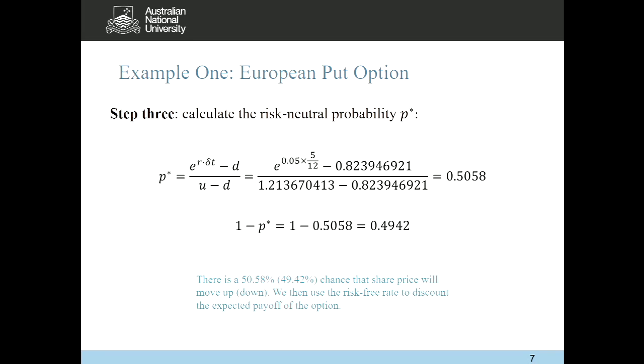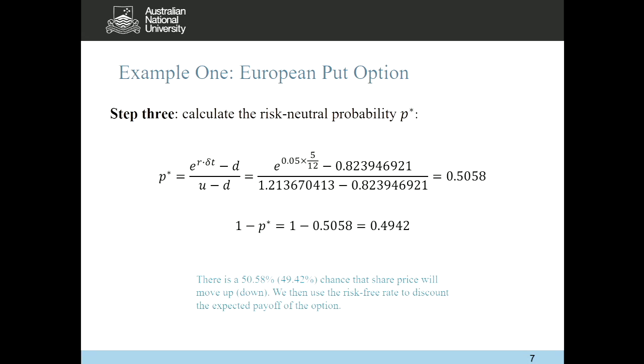The value of the option simply depends on the underlying share price. So all the information we need is the share price and the share price volatility, because having the volatility helps us to determine the proportional increase and decrease. And then we just need the risk-free rate. So having all of that information, we can work out the option price, and we can discount that back to the present using the risk-free rate.